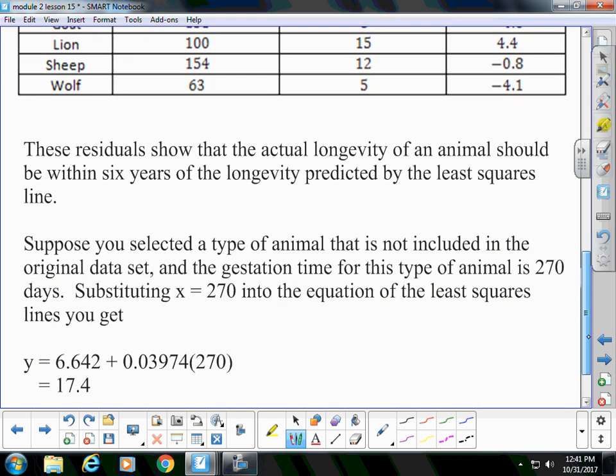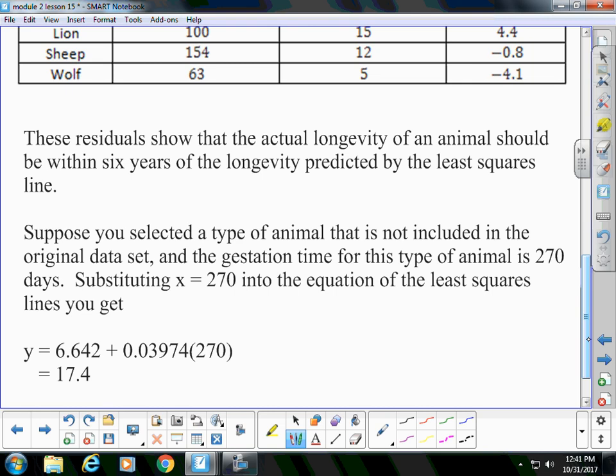It says, suppose you selected a type of animal that's not included in the original set of data, and the gestation for the type of animal is 270. Substituting x equals 270 in the least squares line, you would get 17.4.